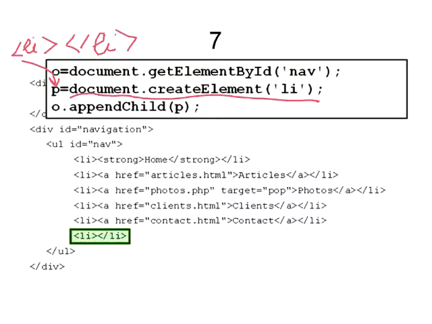And if we write O.appendChild P, this is our O, appendChild P means this li will be added to our element as a child in the last position. So with DOM we can create a new element and add this element to our HTML document. Any question about this slide?